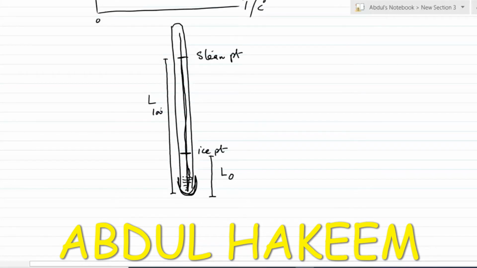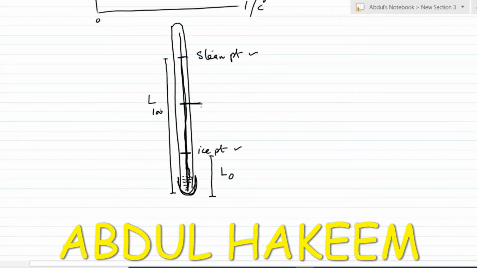Now this thermometer is placed in a cup of coffee. The temperature of the coffee is greater than the ice point but smaller than the steam point. So suppose the thermometer liquid, mercury or alcohol, is here for the coffee. This is the level of the liquid for the coffee.